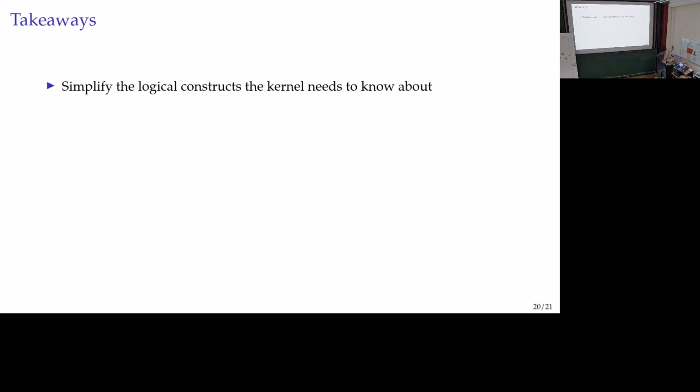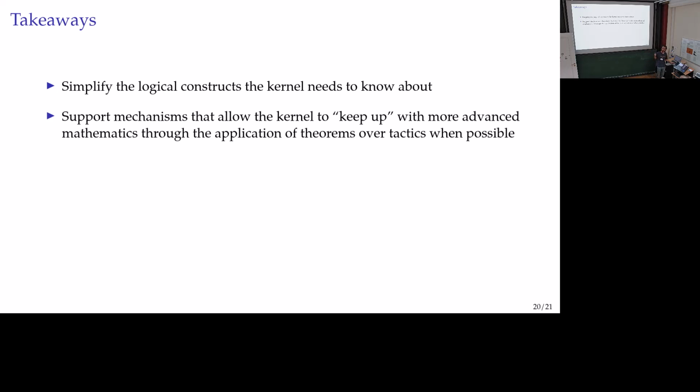Yeah, so if you can simplify the logical constructs the kernel needs to know about, this is good. This makes things simpler and sometimes faster. So I think it's important to have ways for the kernel to keep up with more advanced mathematics.